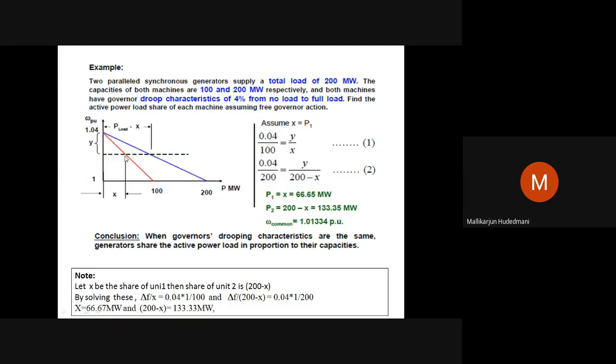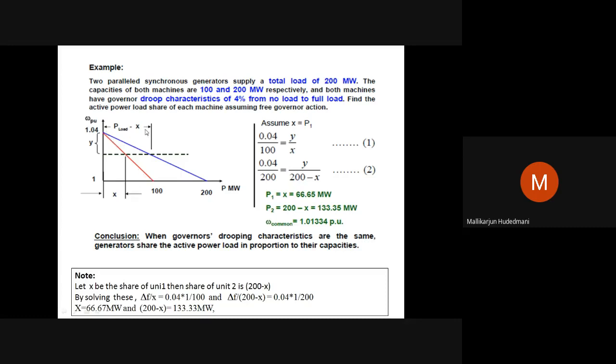Suppose this is the common frequency with which both the machines are operating and delivering a 200 megawatt common load. Then what is the sharing of machine 1? I can read from this scale. What is the sharing of machine 2? I can read from this bottom. It means this common frequency intersecting line 1, line 2, slope 1, slope 2 gives me X. Let X be the share of machine 1.